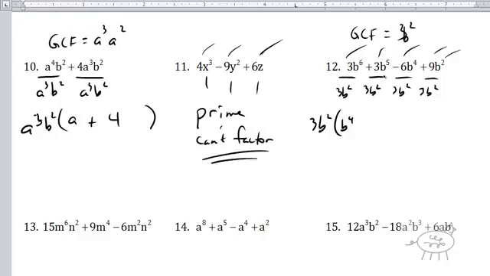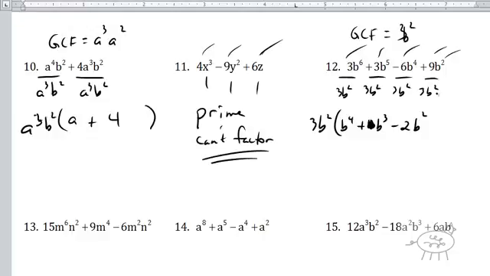Okay, this one, the 3's cancel as well. So I'm going to get b to the 5th over b squared, which is plus b to the 3rd power. Okay, and then minus 6 over 3, so minus 2. That's b squared. B to the 4th over b squared is b squared.